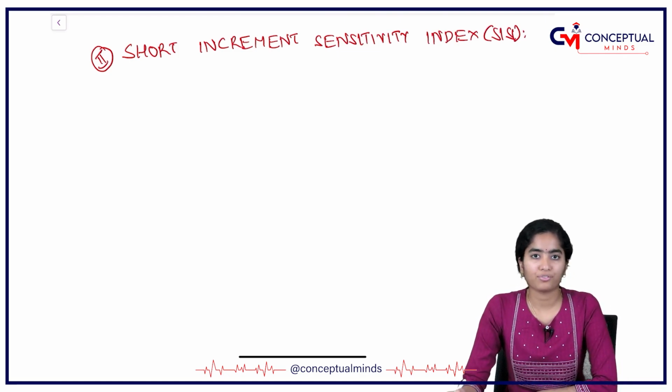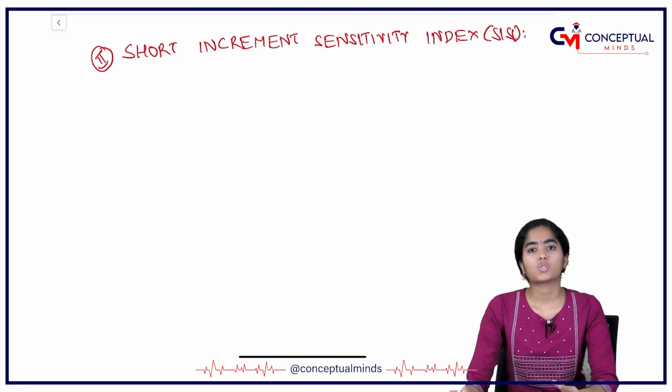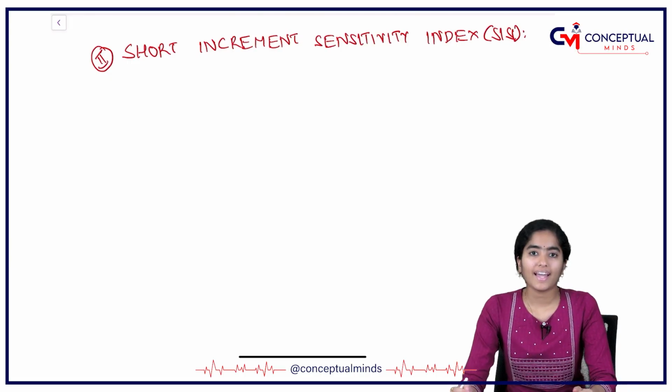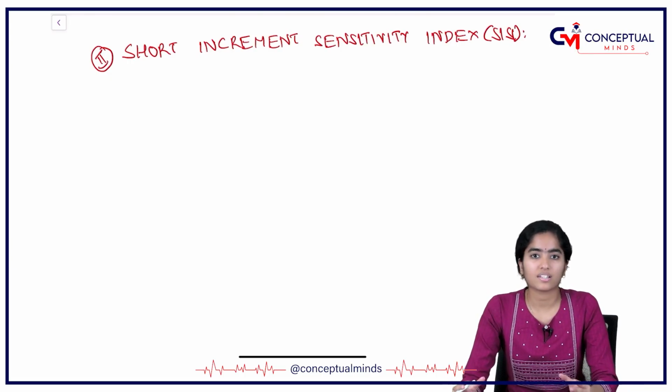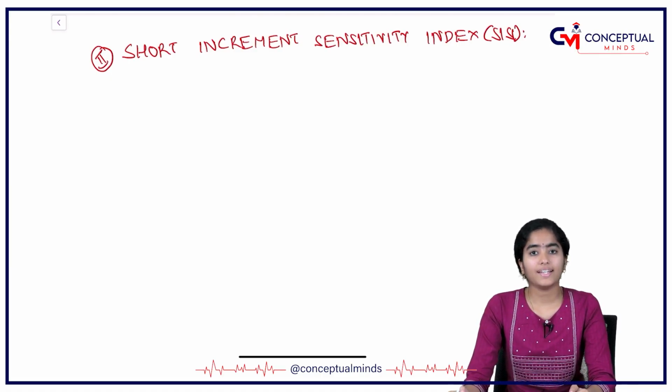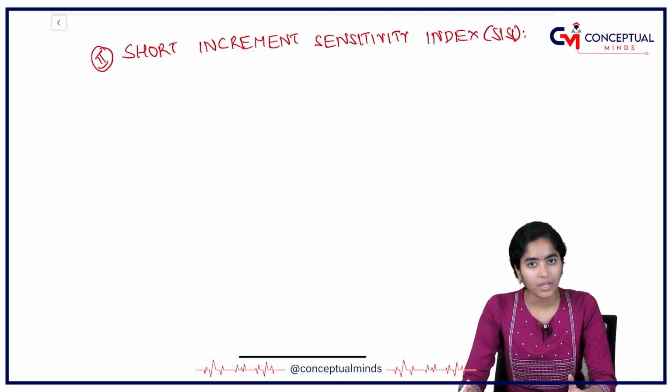The concept of SISI is that patients with a cochlear lesion can hear an increase in intensity of sounds in a very sensitive range. Their sensitivity is even better than normal people and also better than people with other types of deafness such as conductive hearing loss or retrocochlear lesions.